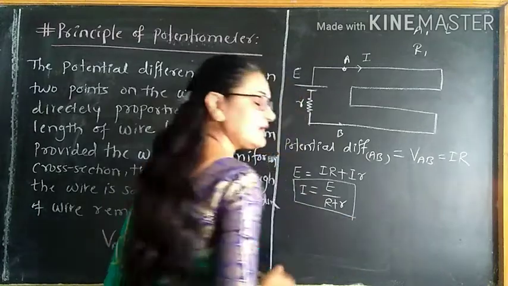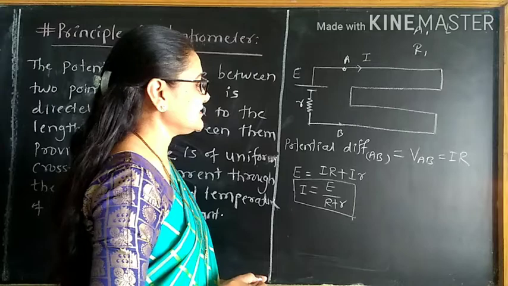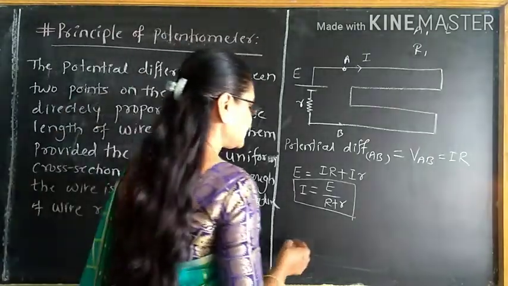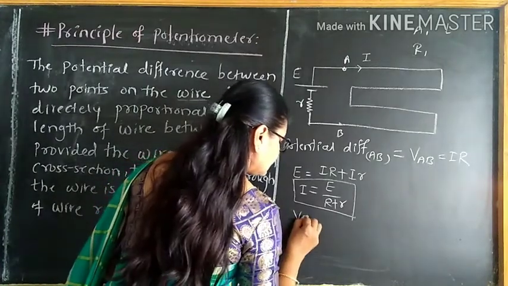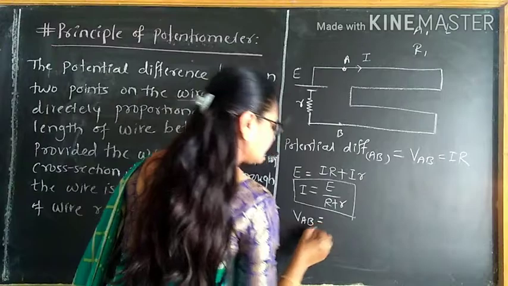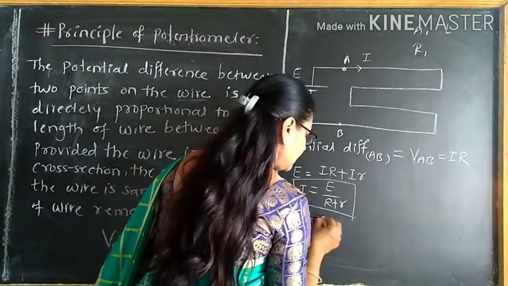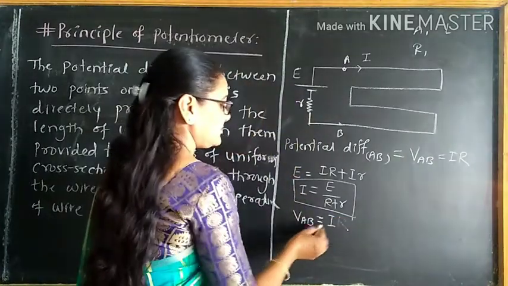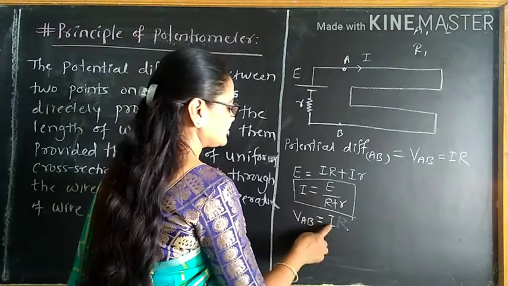Now, our aim is to find out the potential difference between points A and B. That potential difference can be written as VAB is equal to I into R. But with the value of I, let us put it here.